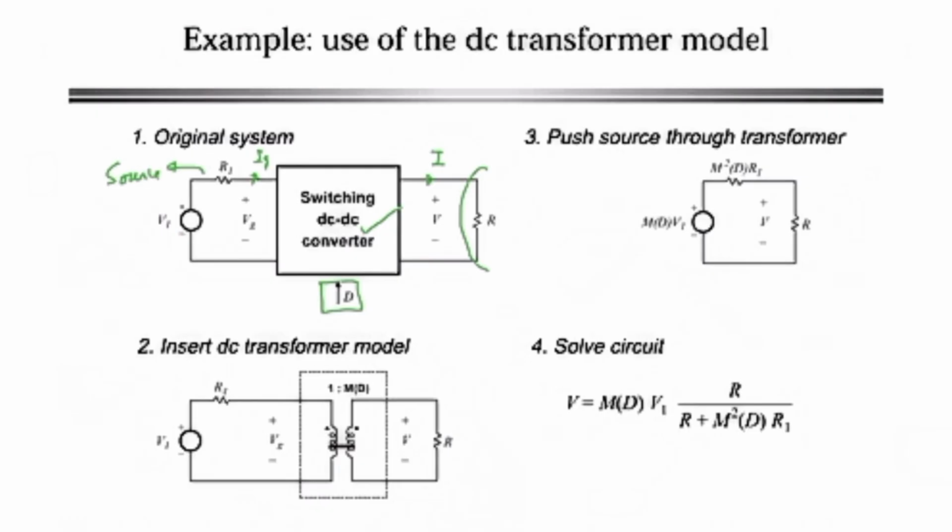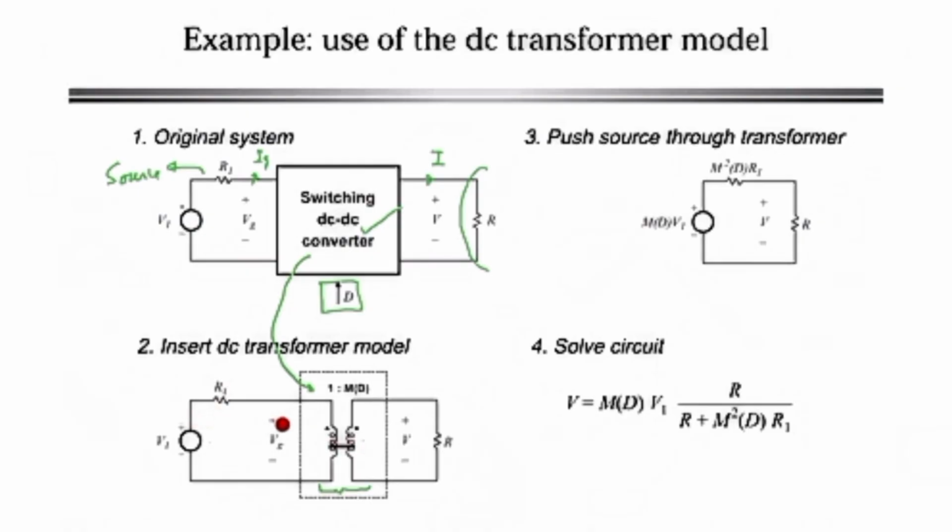When we analyze the circuit, the first step is to replace this converter with its equivalent transformer model. Its equivalent transformer model is this, and its ratio is 1 to M of D. So we are going to replace this converter with a transformer model, and we are going to push these sources into the transformer.